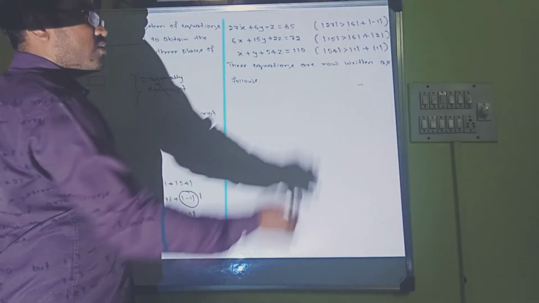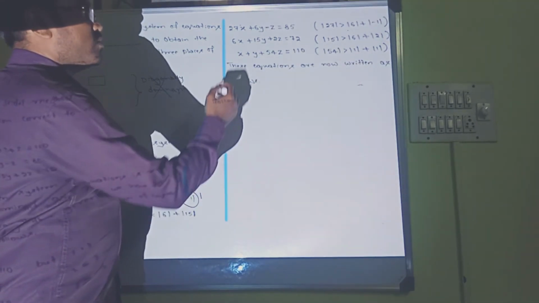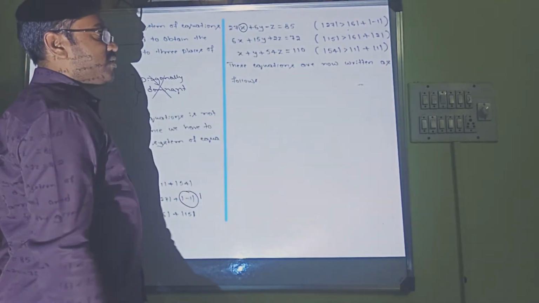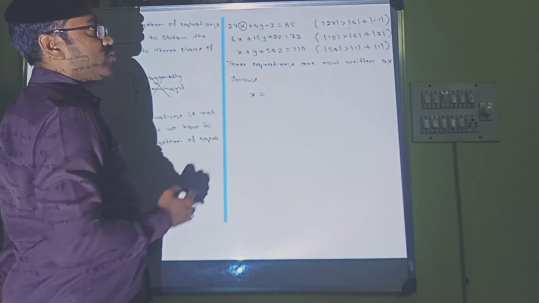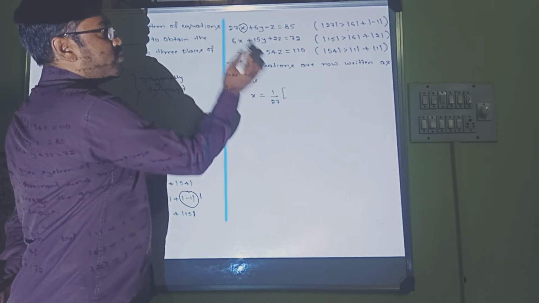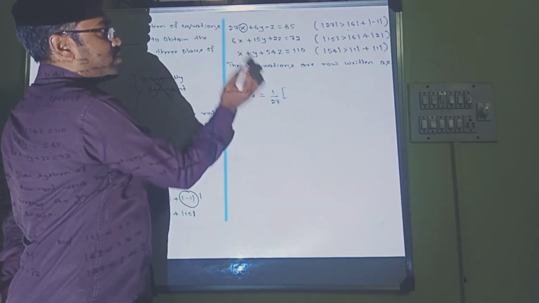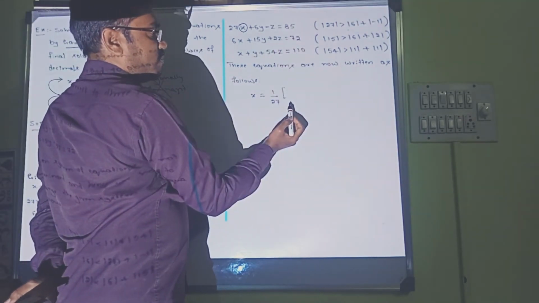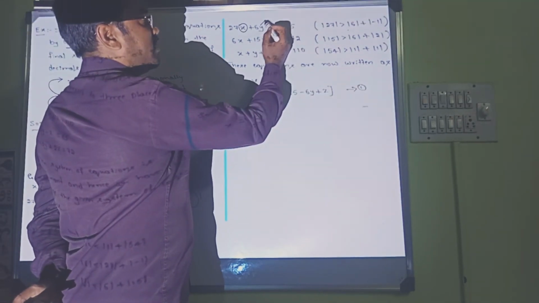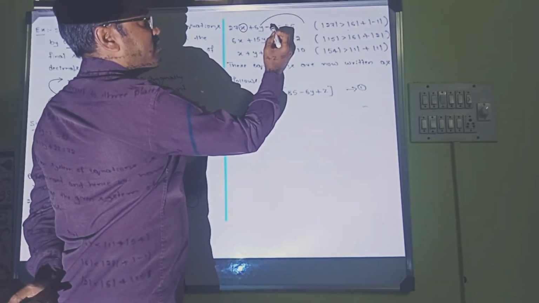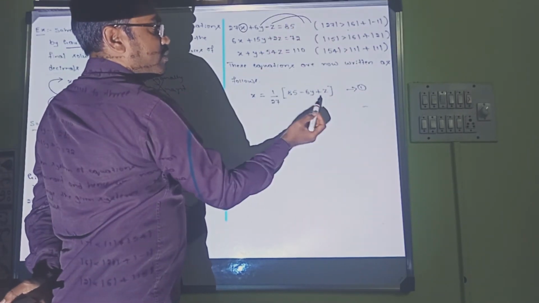These equations are now written as follows. Let us separate our x from the first equation. x is equal to 1 by 27 into 85 minus 6y. When you take this minus z to the other side, it becomes plus z.